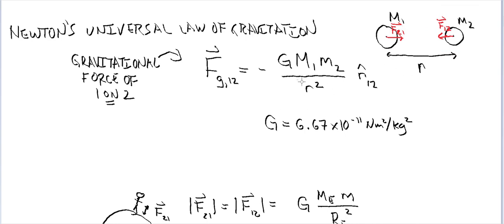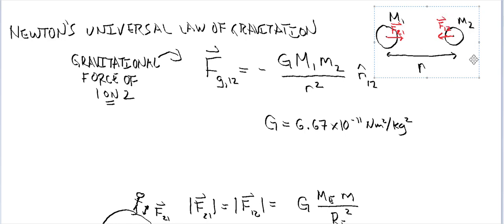The next thing I want to point out is this 1 over r squared dependence. This is actually going to become somewhat familiar to you as you move on to Physics 230 next semester. The magnitude of the force falls off as the square of the distance. So let's assume that these two masses m1 and m2 are placed such that they exert 1 Newton of force upon one another.